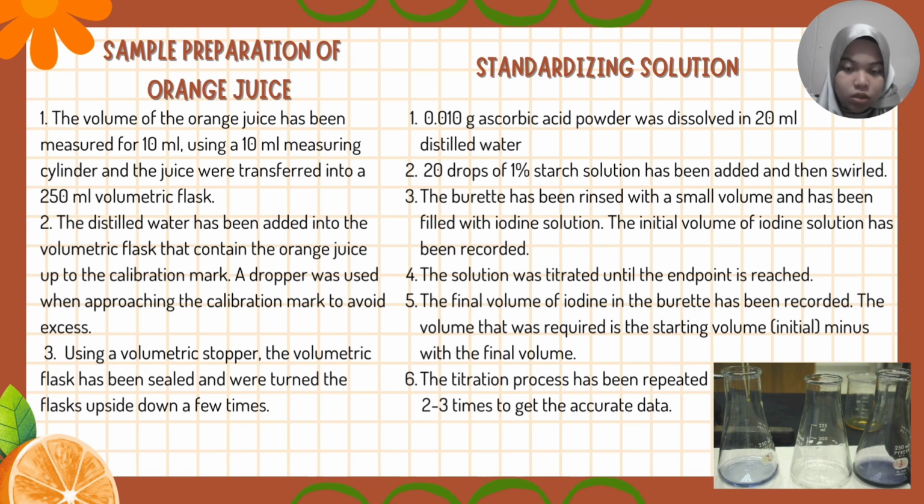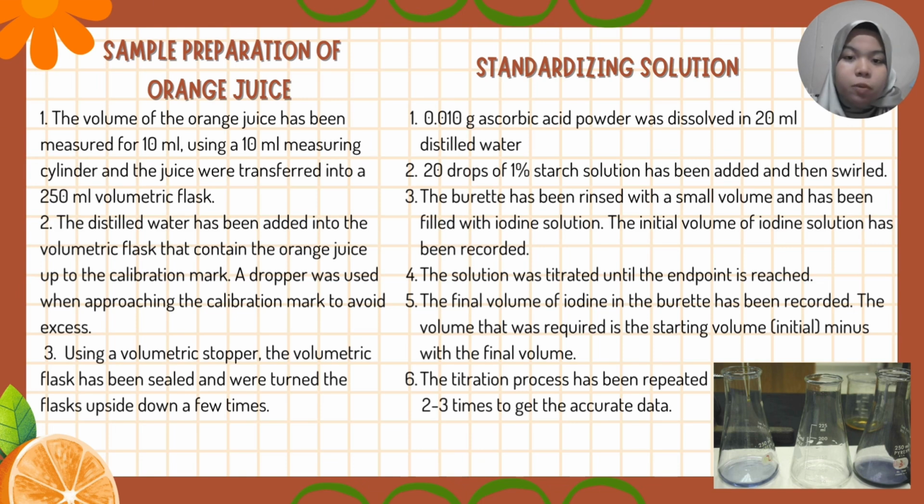A dropper was used in this step when approaching the calibration mark to avoid excess. Lastly, using a volumetric stopper, the volumetric flask has been sealed and the flask has been turned upside down a few times. So next, let's move to the standardizing solution procedure.